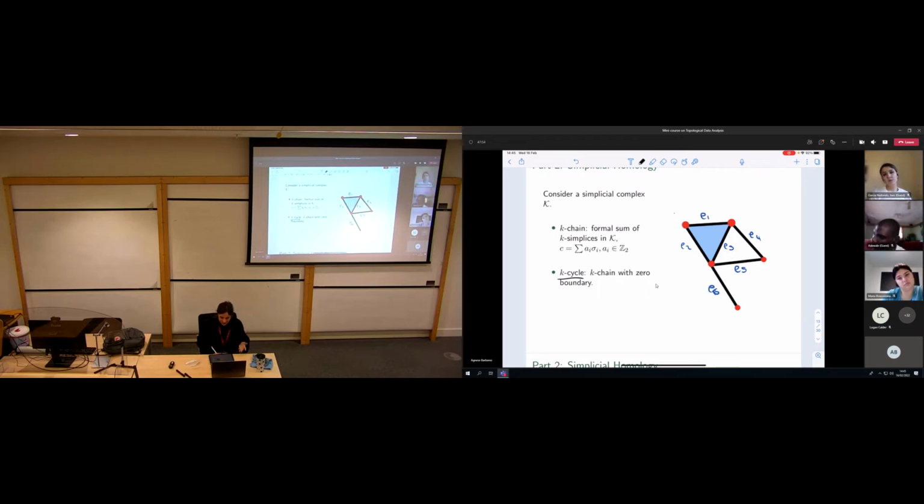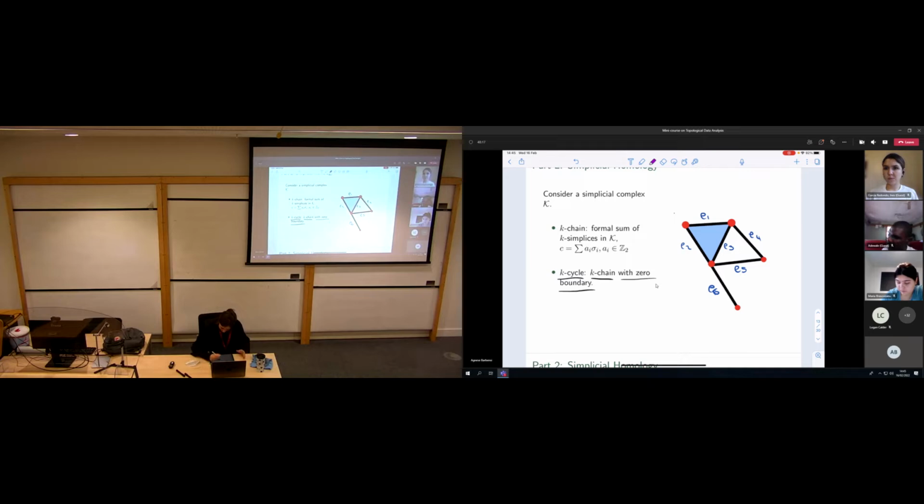So a K-cycle is going to be a K-chain with 0 boundary. So a K-chain such that if I compute its boundary, this boundary is 0. Let's give some examples. And again, we are going to have this theme of geometric thing and algebraic, combinatorial interpretation.